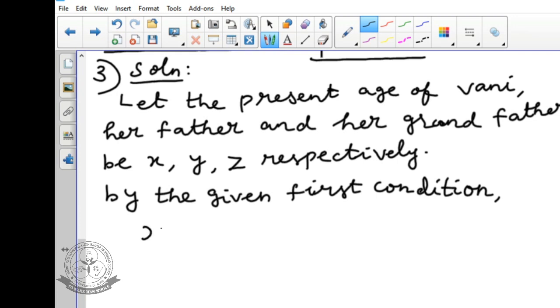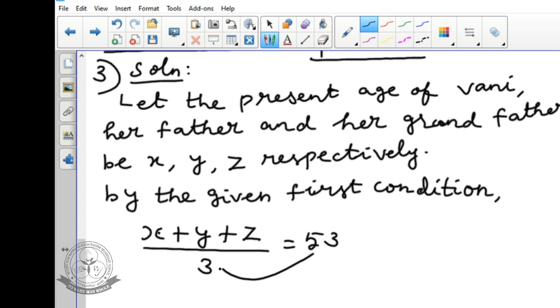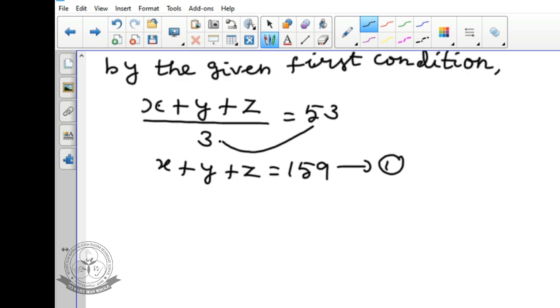We know the formula: sum of the terms divided by number of the terms. Sum of the terms is X plus Y plus Z, divided by 3. This average is equal to 53. Next we multiply by 3, so we get X plus Y plus Z equals 159. Keep this as equation number 1.